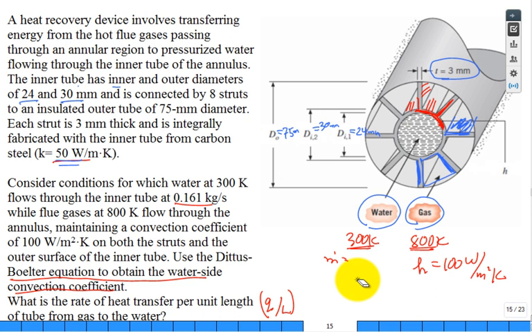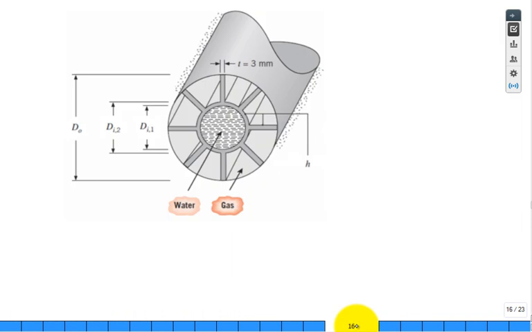Now the next part is how do I calculate this Q per unit length? Go slow and make some assumptions. Let's go to another slide here where I can have some working room. I would build a resistive network. I would say I have the temperature of the water.